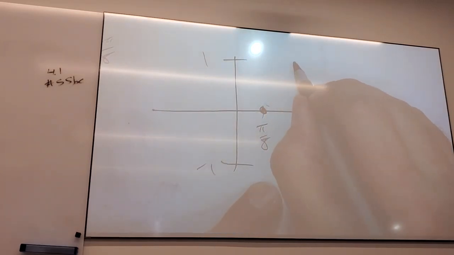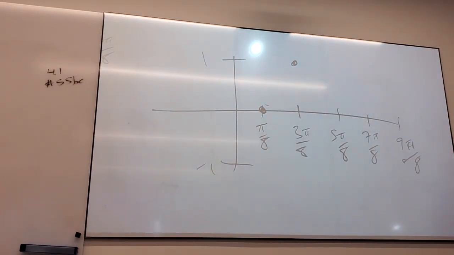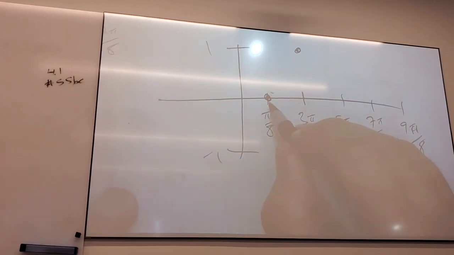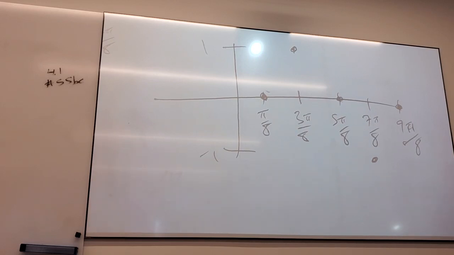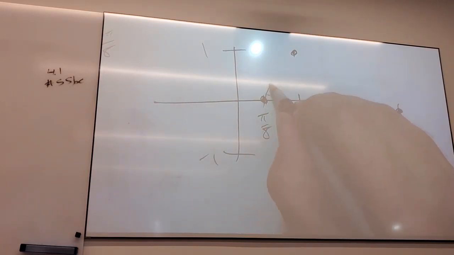So it's going to go up to 1. See, here's the beautiful thing. Now that I've got my steps, it starts at 0, goes to 1, goes back to 0, goes to -1, goes back to 0. That's what a cycle of a sine looks like. Are you guys at all with me? Okay. And then you just have to fill it in.